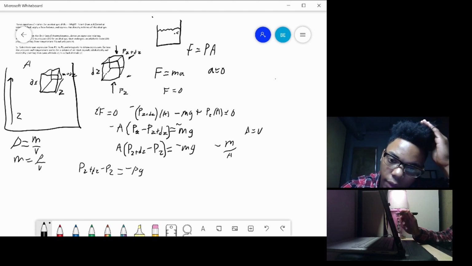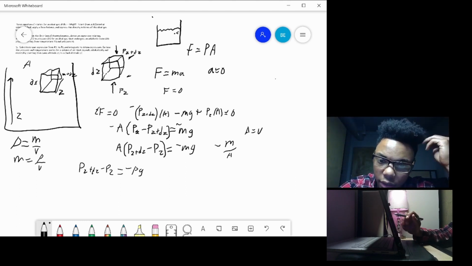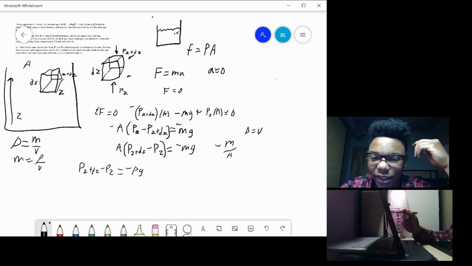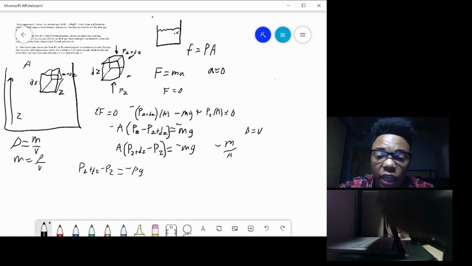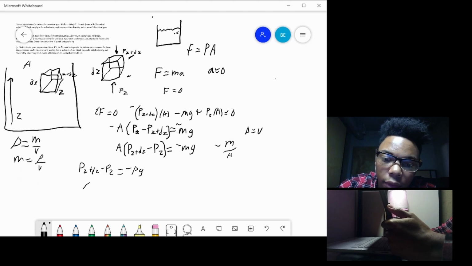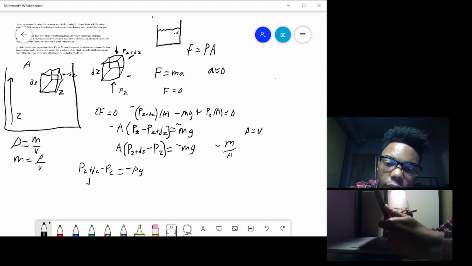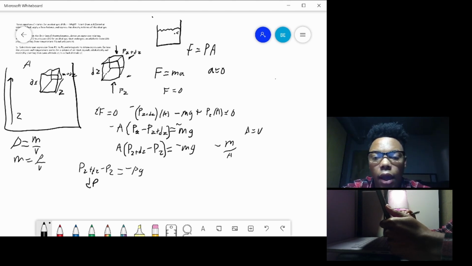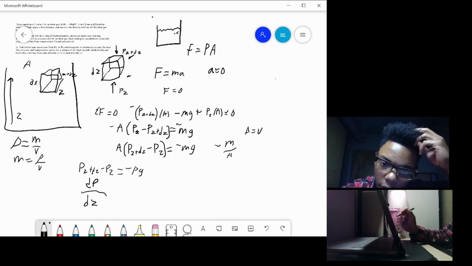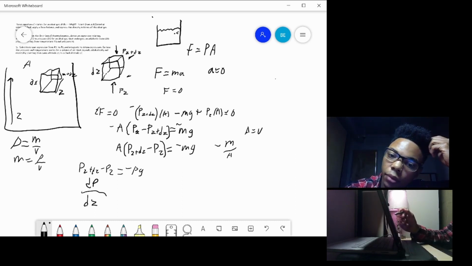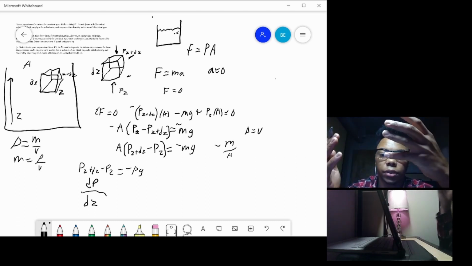What's perfect about this is that P(z + dz) minus P(z) is just a change in pressure over a distance of dz. Since it's a change in pressure, we have not a triangle, but delta P, and this can be expressed over dz for the change in pressure from point z to point z plus dz.